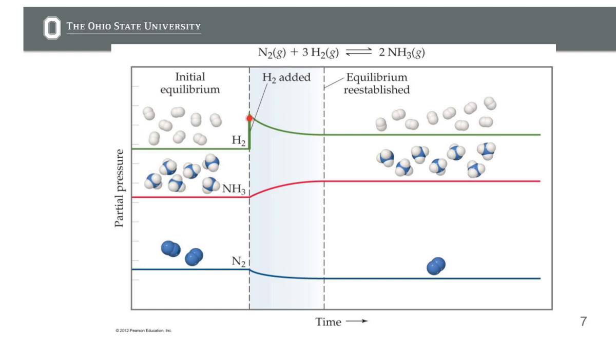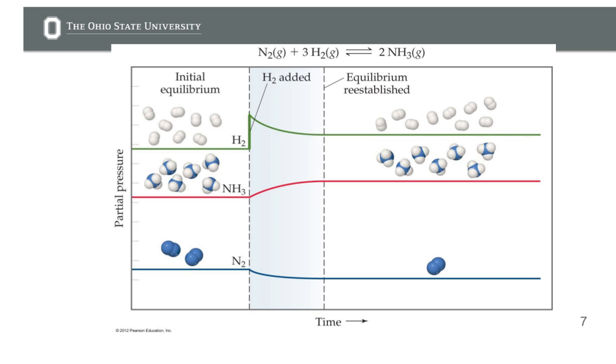And then we're going to add some hydrogen. You can see there's a sharp increase in the concentration of hydrogen. The only way to get such a sharp increase would be to actually physically add hydrogen in that case. Then the concentration slowly decreases until it flattens out again, where we reach equilibrium.